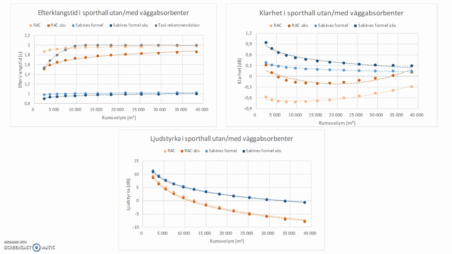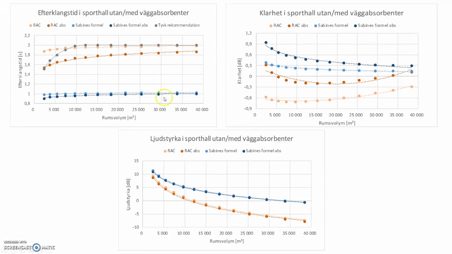After the calculation, the values for reverberation, speech clarity and strength are noted. And the calculations are repeated with other volumes, where the floor area is still square. All the values are represented in graphs like these 3, for example, the sport hall.